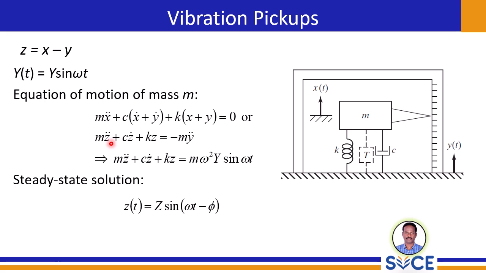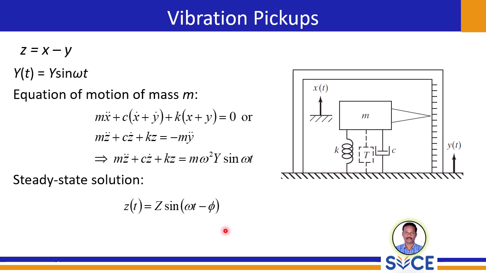Let us assume the steady state solution z of t, which describes the sustained relative motion of the mass after any initial transient effects have died out. For a sinusoidal input, we can expect a sinusoidal steady state output at the same frequency, but possibly with a different amplitude and phase.